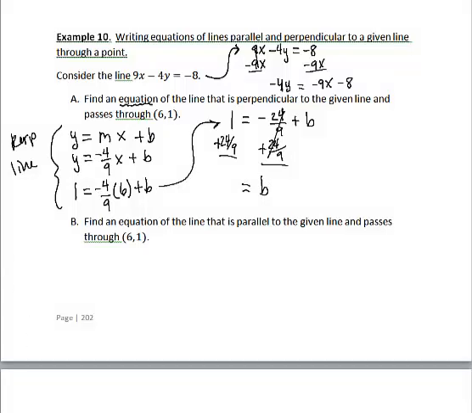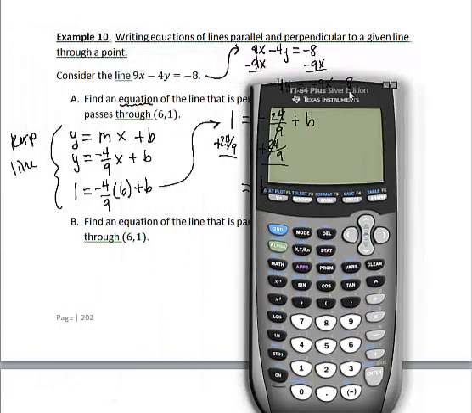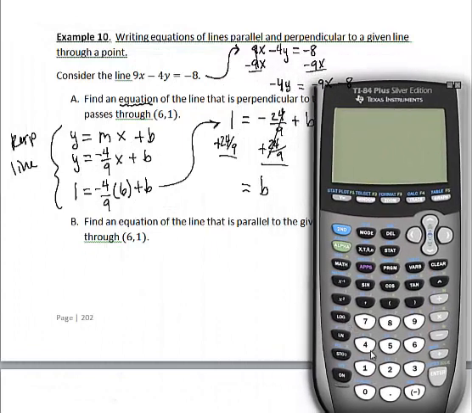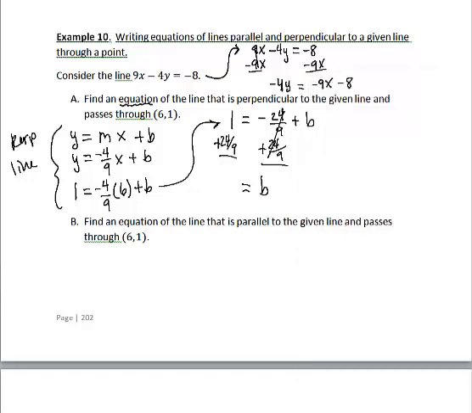Let me pull up my calculator. 1 plus 24 over 9, enter. 0.66666 repeated is 2/3. So 1 plus 24 over 9 is 3 2/3.